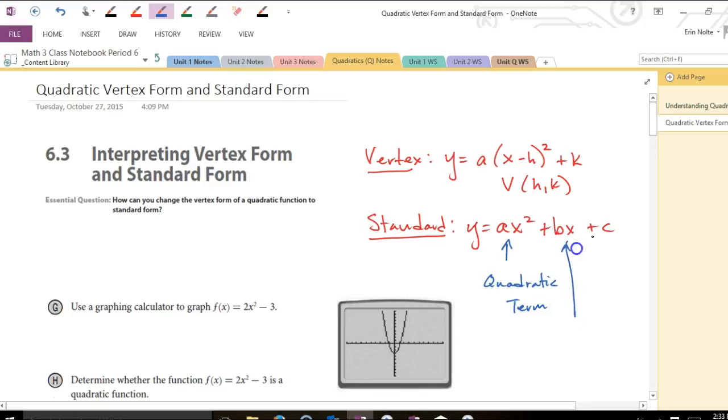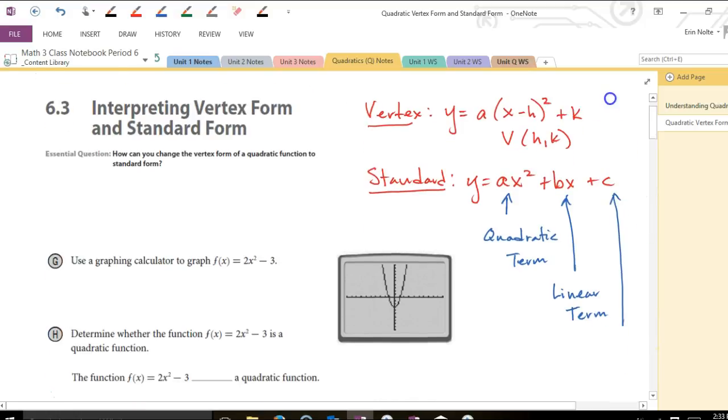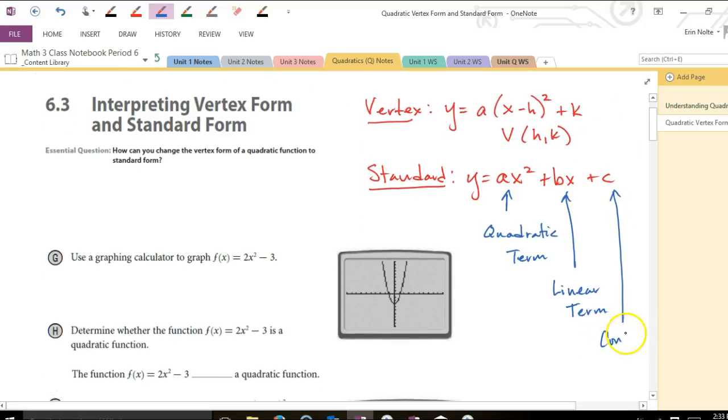This piece right here is the linear term. And the last little piece is called the constant. Notice the a value is in front of the x squared, the b value is in front of the x, and the c is just the constant value.